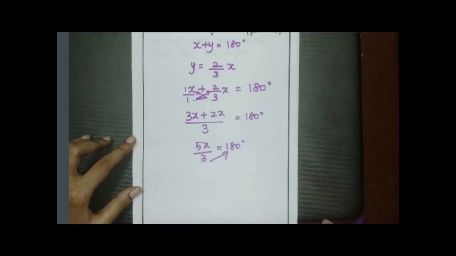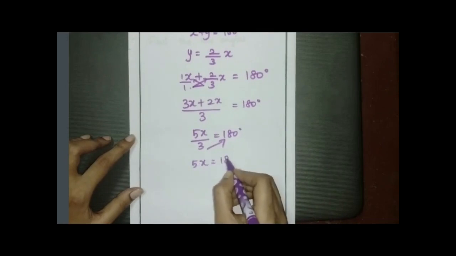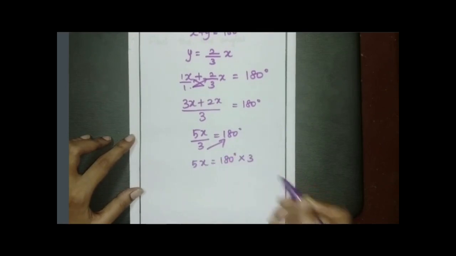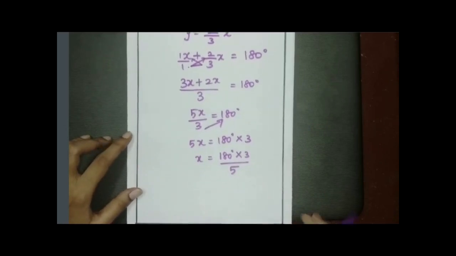Multiply this 3 to the other side. So 5x equal to 180 degree into 3, and bring this 5 to the other side. 180 degree into 3 divided by 5. Cancel this 5 and 180.